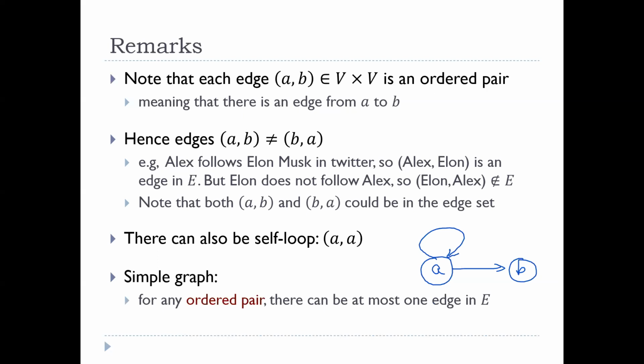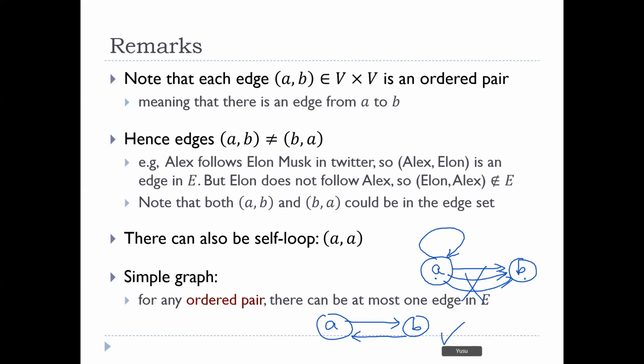However, in this class, we're going to consider the so-called simple graph. What that means is that for any ordered pair, say A and B, there can be at most one edge. It cannot be that we have multiple edges from the same pair. However, note that between A and B, because edges are directed, A to B is different from B to A, so this is fine.